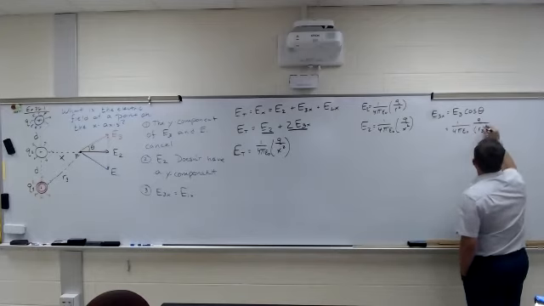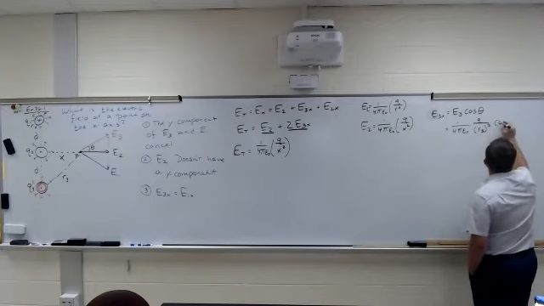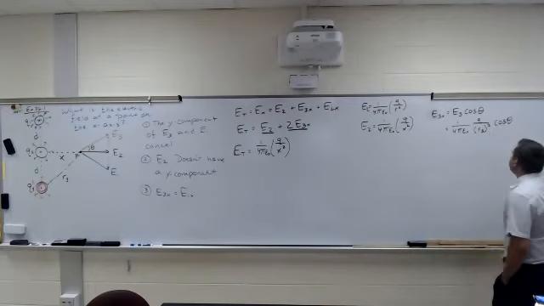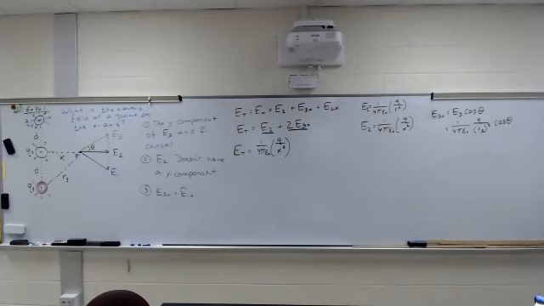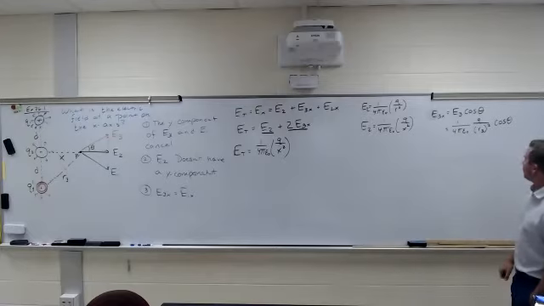So R3 squared times cosine theta. All right. Cool, so far, we're good.